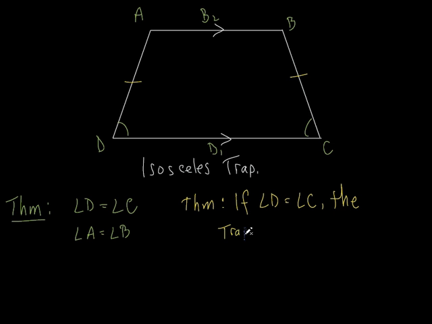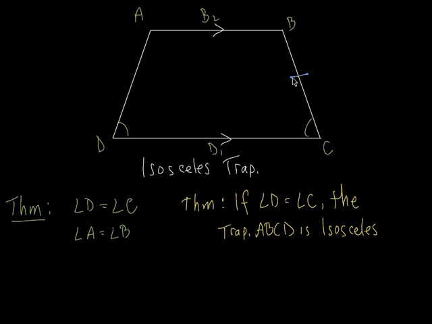Let's write it like this. Then trapezoid ABCD is isosceles. Okay, write that down. Okay. So what did we know to begin with? We only knew that this was a trapezoid. We didn't know it was isosceles to begin with. Okay. Right? Are you with me?